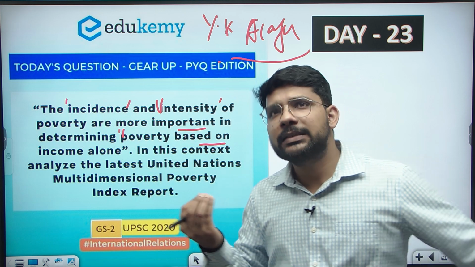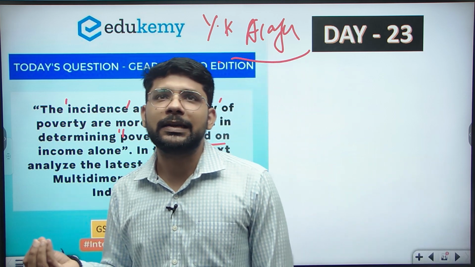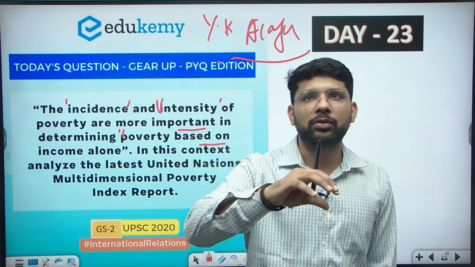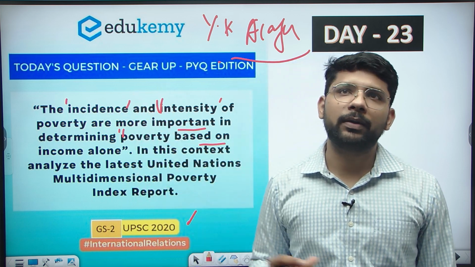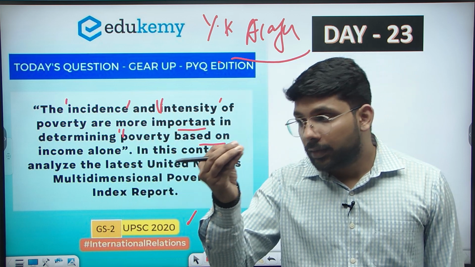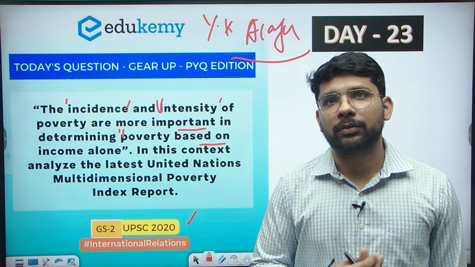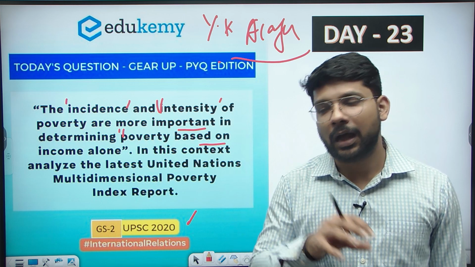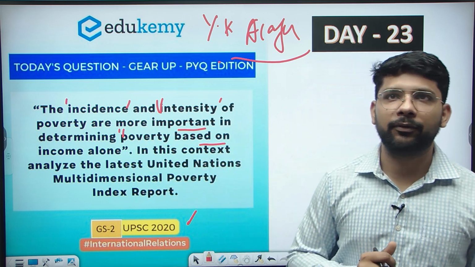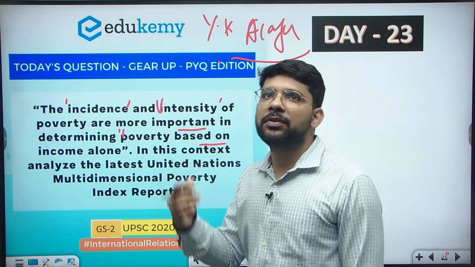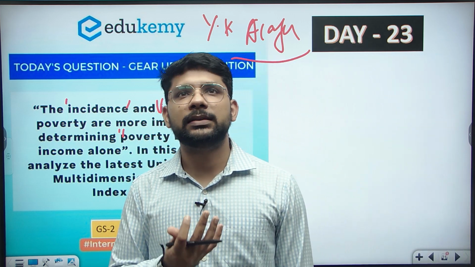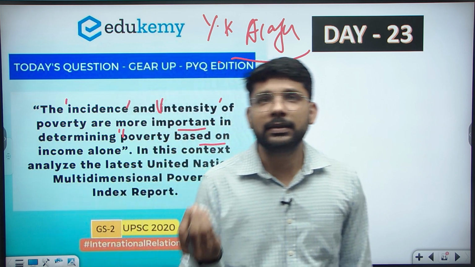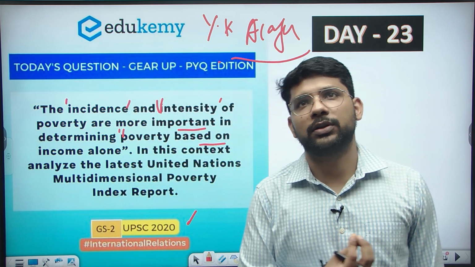On the basis of incidence and intensity, the incidence is the proportion of poverty, and the intensity is how intense it is and how it impacts different factors in life. So we will define these in the introduction.